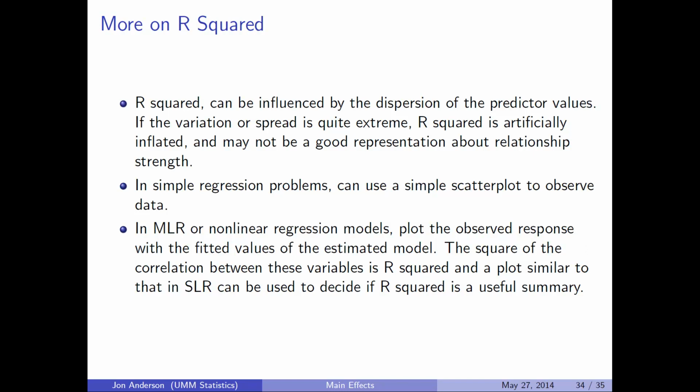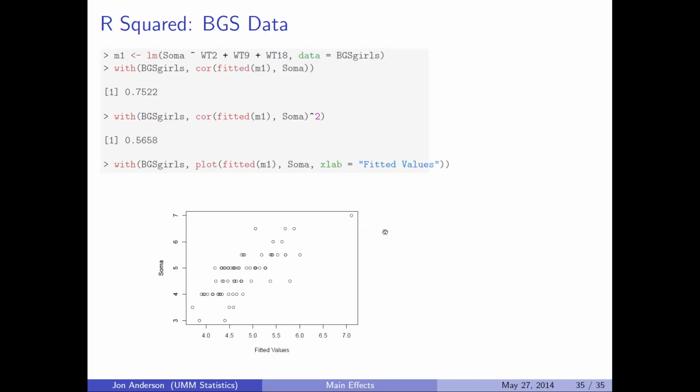Basically, it amounts to plotting the observed response values against the fitted or predicted response values. And we've done that here for the model M1 for the somatotype data using the weight at age 2, 9, and 18 for the Berkeley Guidance Girls Study. In this display down here, we're plotting the actual somatotype values for the girls against the model predicted ones.